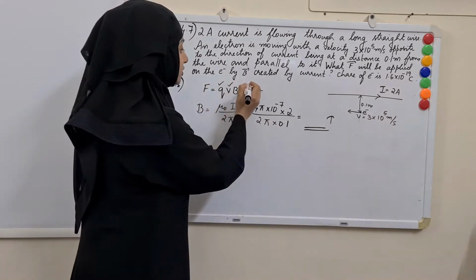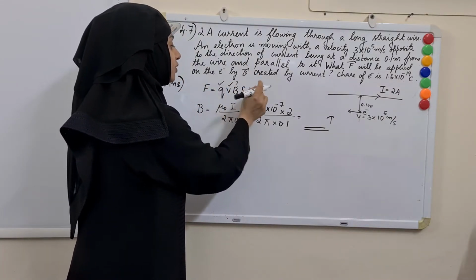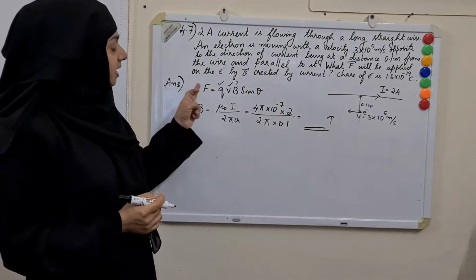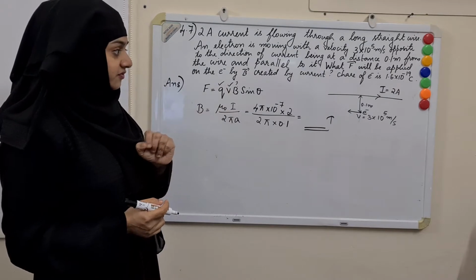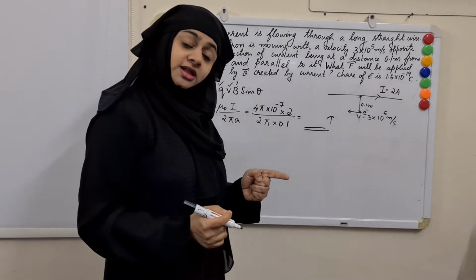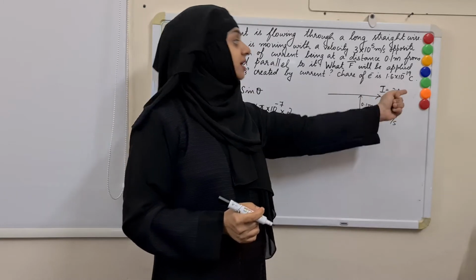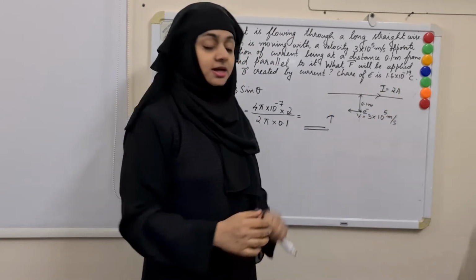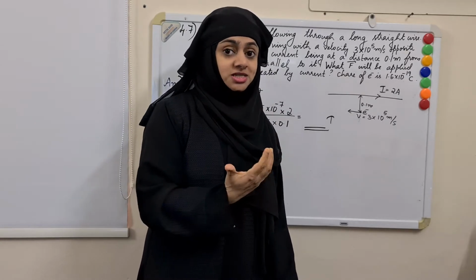Now, what we have is theta. We have found B, and now what will be theta? The angle between the velocity of the electron and the magnetic field. We know that the direction of magnetic field produced by a current carrying conductor can be found using our right hand rule. What is the right hand rule?